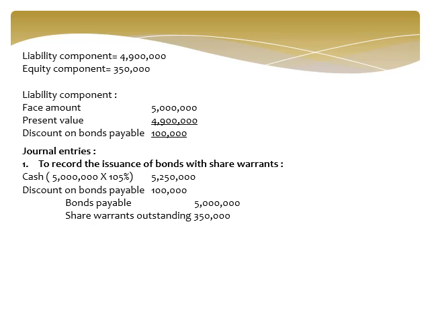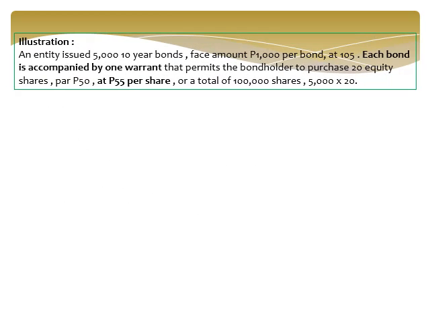And then, credit also the share warrants outstanding. Ito yung equity component, yung 350,000. E-credit natin sa share warrants outstanding. Etong share warrants outstanding, part siya ng share premium. Again, ito yung illustration natin kanina.